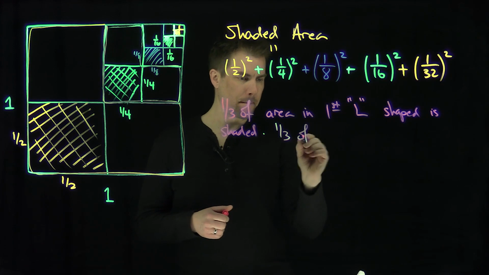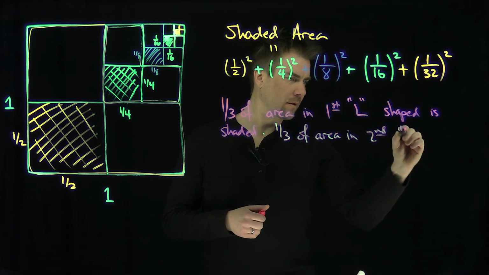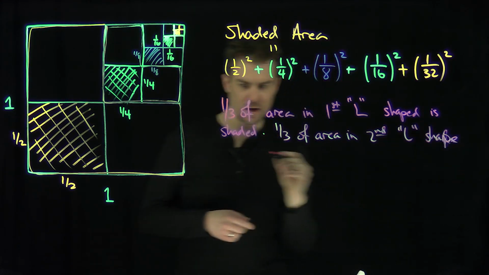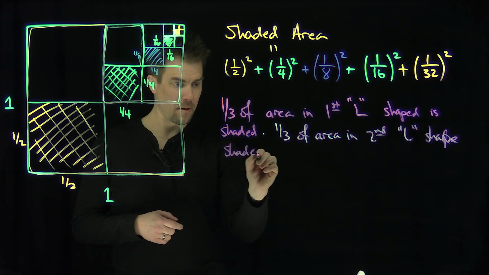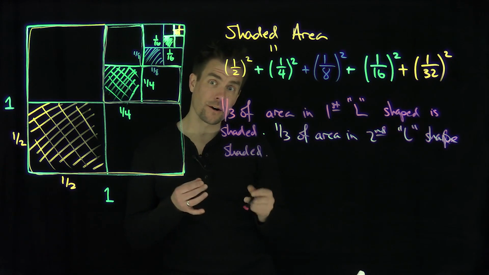1/3 of the area in the second L is shaded. And this is true in general. In every one of these L shapes, 1/3 of the area is shaded.